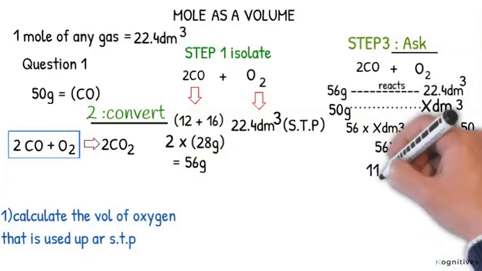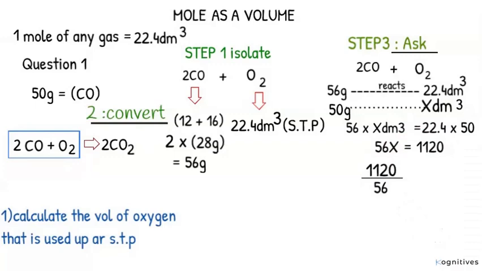X equals 1120 over 56, and this will give us 20 dm cube. So it means that while 56 grams of carbon monoxide will react with 22.4 dm cube, the volume of oxygen required to burn 50 grams of carbon monoxide is 20 dm cube.